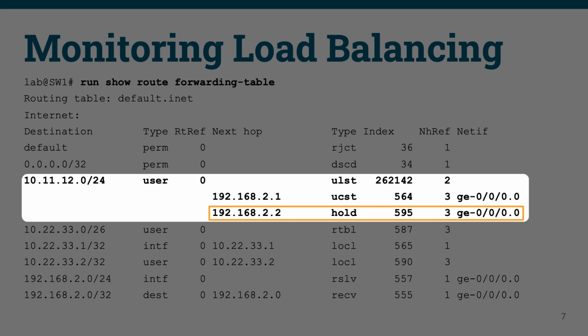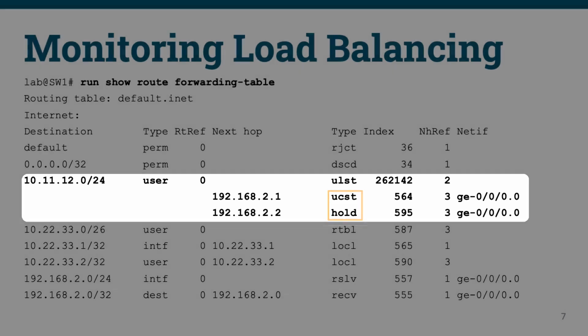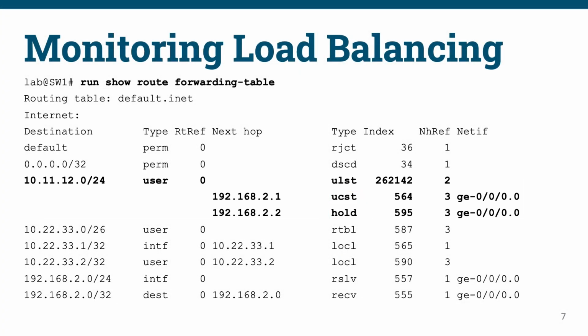You may notice that the type of these next hops are ucst, or unicast, and hold. The currently active next hop at the time of the command being entered is the unicast type, whereas the other is not in use for that packet being transmitted. Because of this, you may see any of your next hops showing as hold at any time.